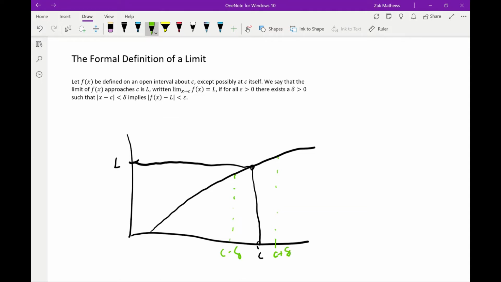And so what our definition says is that if x minus c, meaning whatever value we're at minus the c, is less than delta, so if I'm over here, this is my x value, this c plus delta, or if I'm in here, that would be my x, we better see that f of x minus L, whatever corresponding f of x value we're at, so this would be f of c plus delta, this would be f of c minus delta, that subtracting these two things better be less than some epsilon.